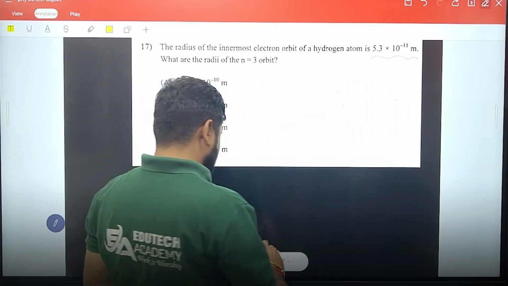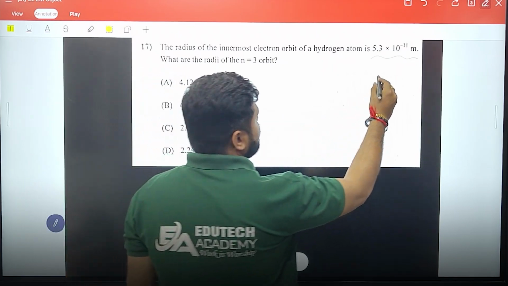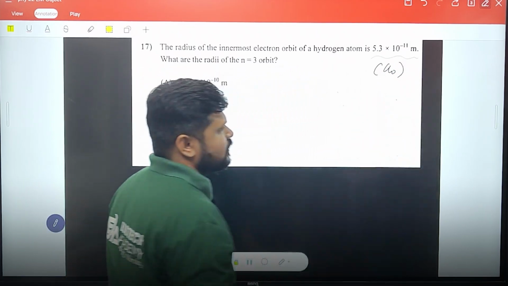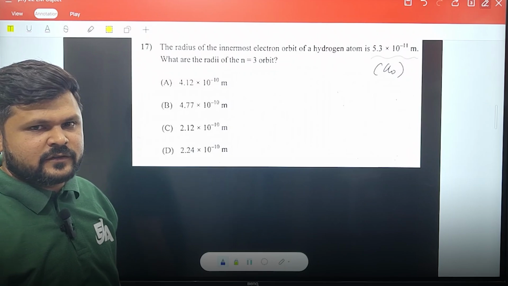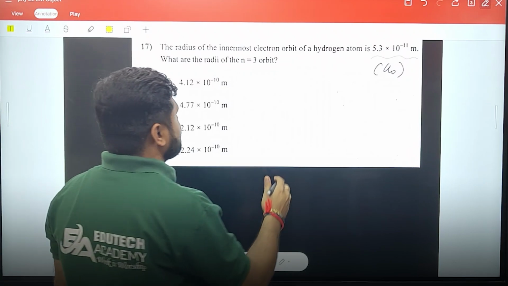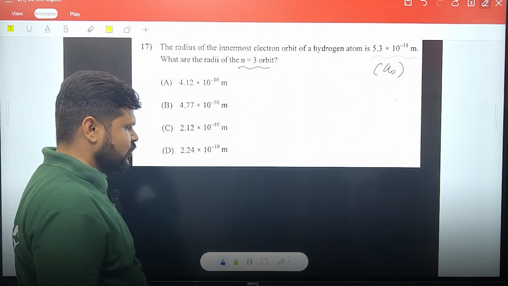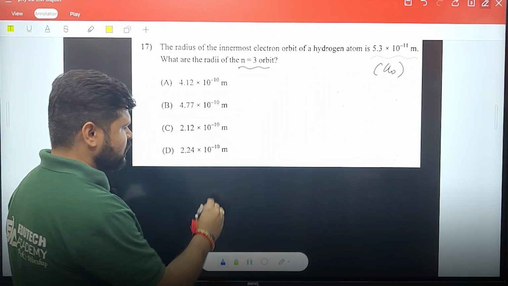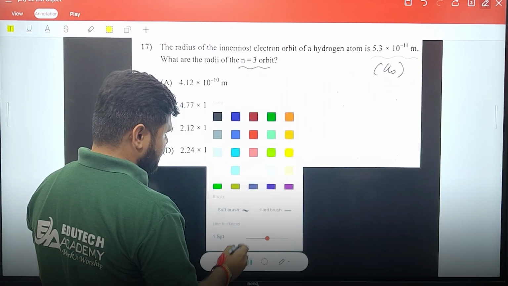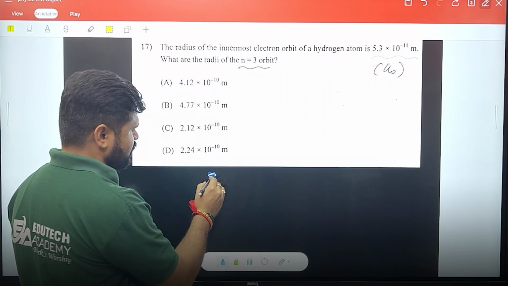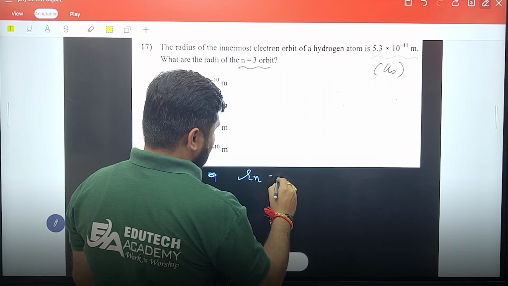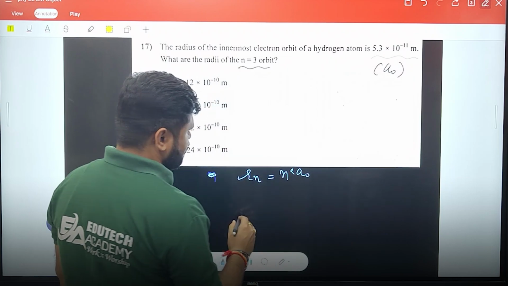We are marking it by a0, that is the innermost orbit. And we are asked to find the radius of the third orbit. For that, just use the simple formula, that is rn equals n squared a0.